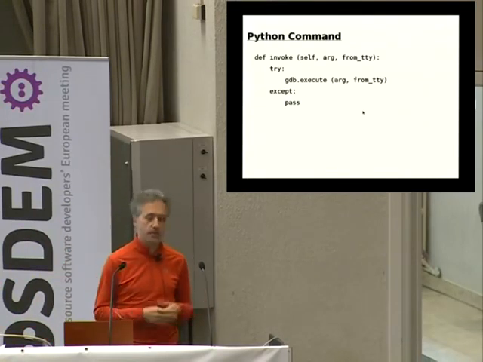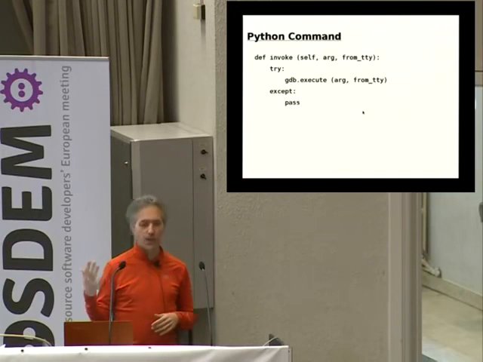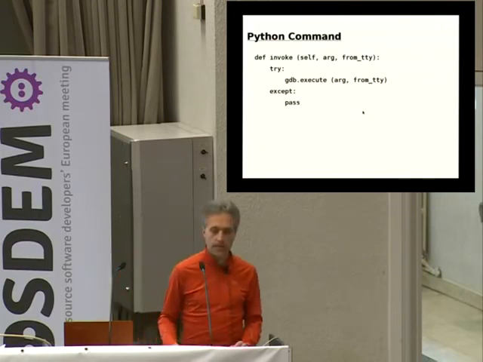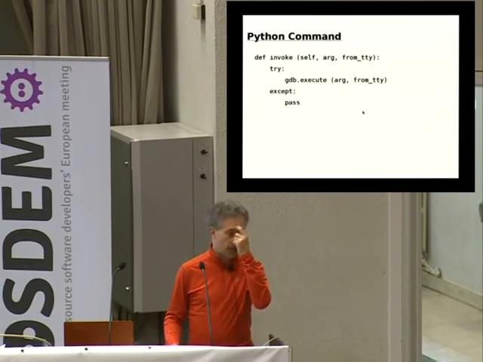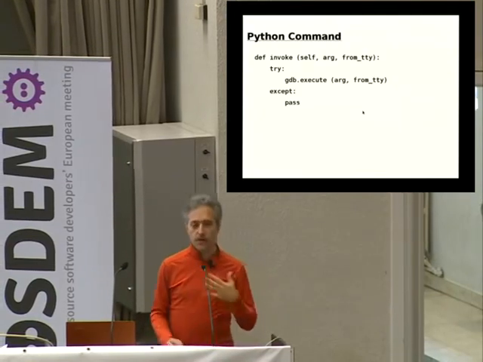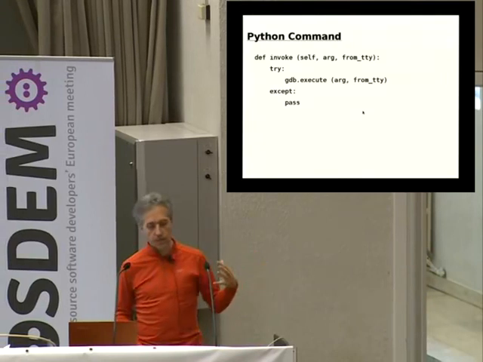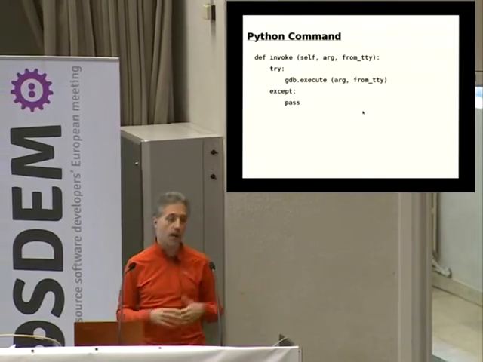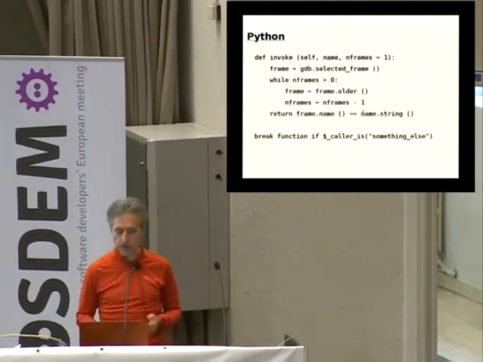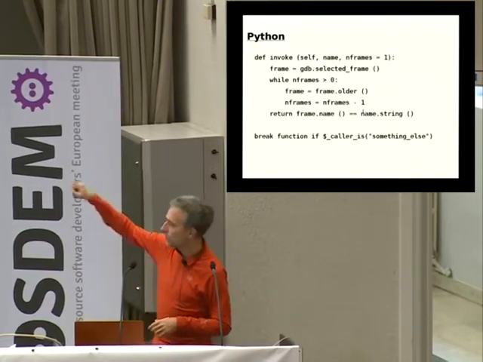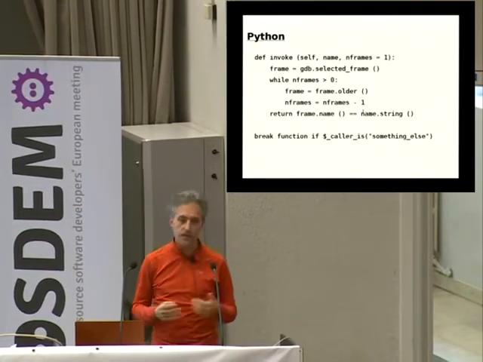Now, why is that useful? The way it's useful is that GDB has a lot of knowledge about your program. Sometimes knowledge that your program does not have. And historically, it was very difficult to script and get this information from GDB and use it in a programmatic way. My favorite example is this function. It's a short little function. I call it CollarIs.